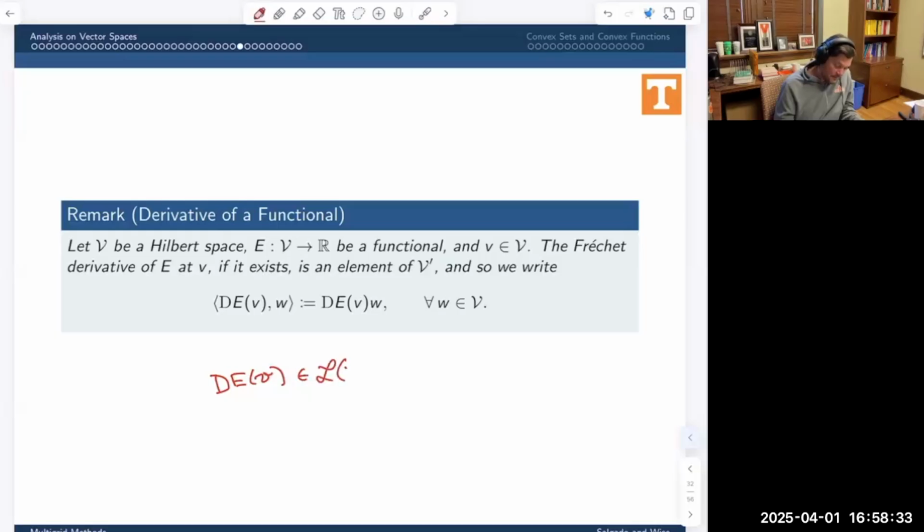The first space we're going to make into a Hilbert space rather than just a Banach space. Hilbert space means it is a Banach space, but it's got a little bit more structure. And we're going to make the second space be the real number line R. So that's like saying X is V, a Hilbert space, and Y is R, the real line. Well, for this space we have a special name. That's going to be V prime, the dual space. So in this case, the derivative, if it exists, is an element of the dual space.